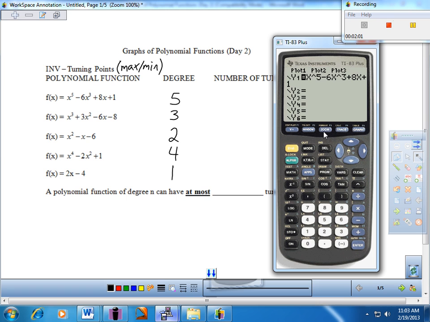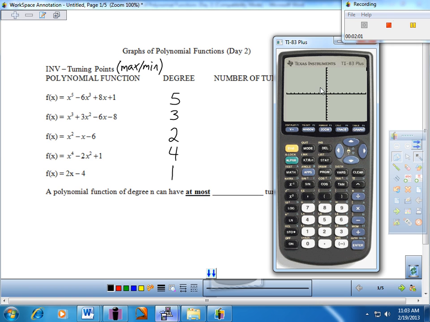I hit zoom, number 6, that standard window, and there's a nice quintic polynomial function on the coordinate plane. Just to remember, let's talk end behavior a little bit here. End behavior: fall, rise. Looks like you have 5 zeros, all singles going through.